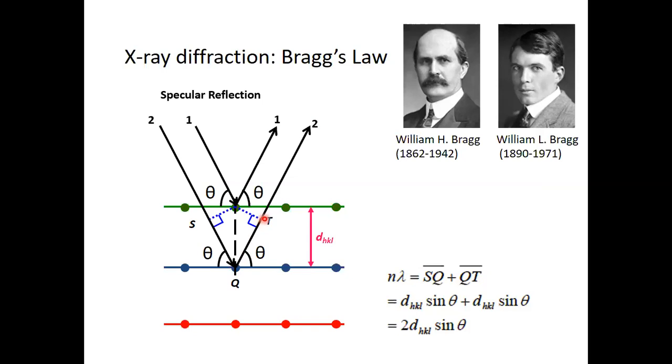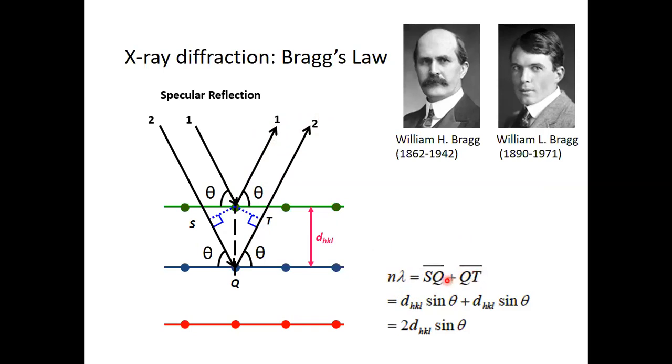Only under these conditions will this X-ray and that other X-ray still be in phase. We can express this mathematically: n times lambda, an integer multiple of the X-ray wavelength lambda, is equal to the distance SQ plus the distance QT.